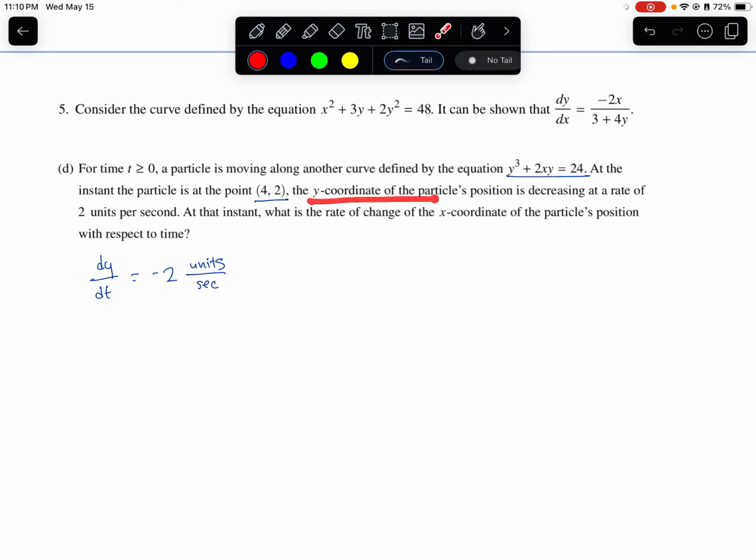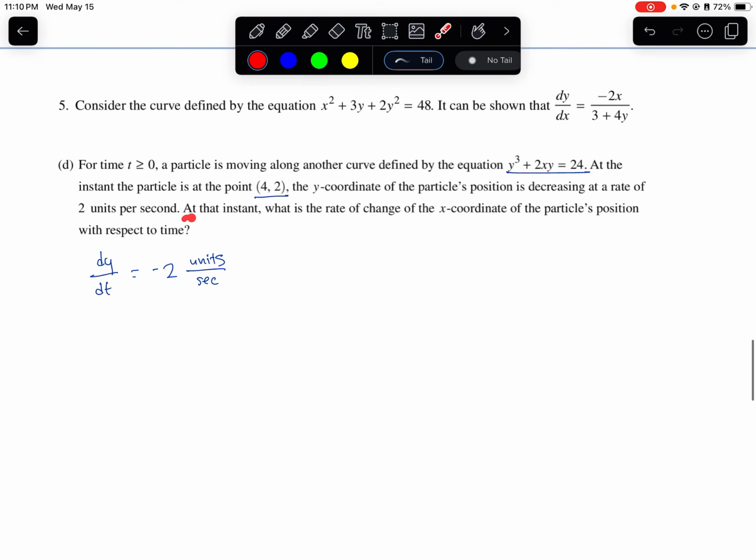And at that instant, what is the rate of change of the x-coordinate? So we want to find dx/dt. That's what it's asking us to find, the rate of change of the x-coordinate with respect to time. So what is that equal to?